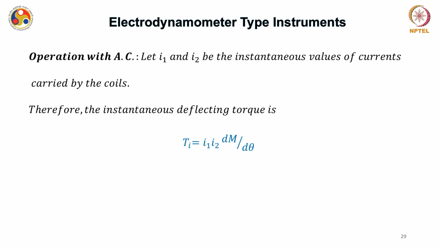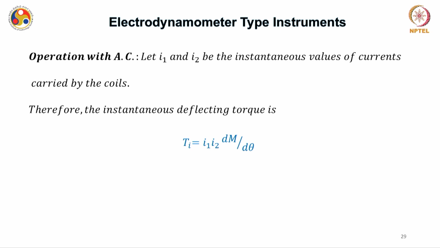Now, let us see when it is operated with AC, and let i1 and i2 be the instantaneous values of current carried by the coils. Therefore, the instantaneous deflecting torque can be written as i1 into i2 into dM by d theta.